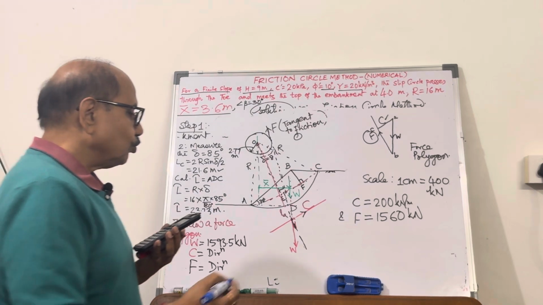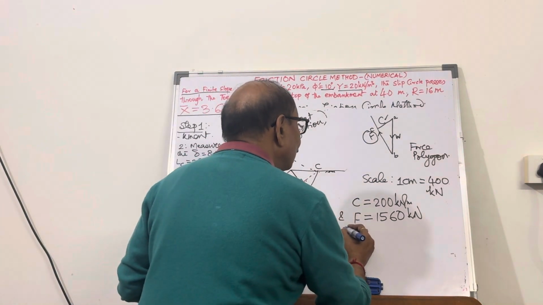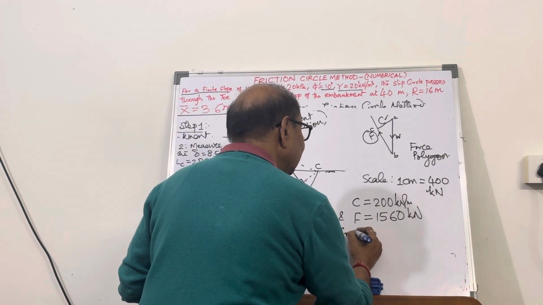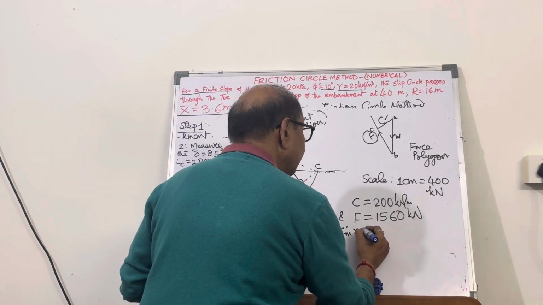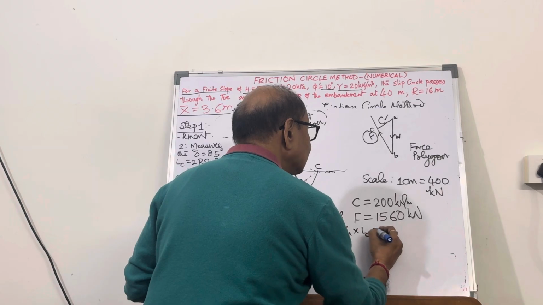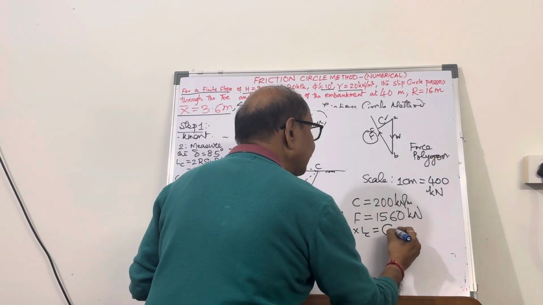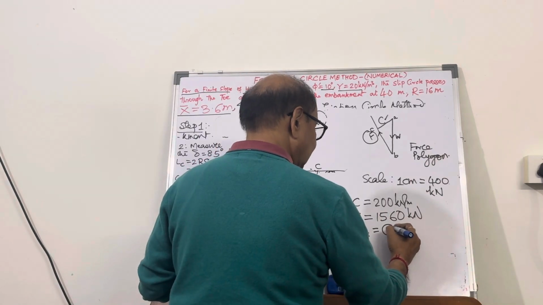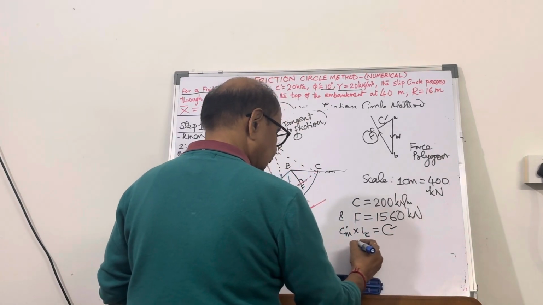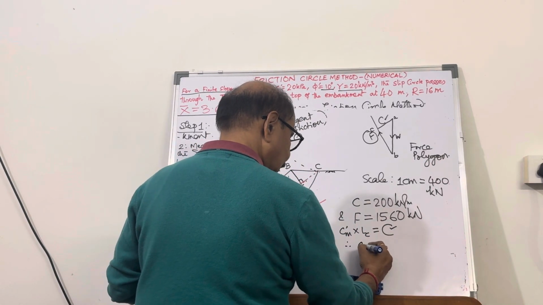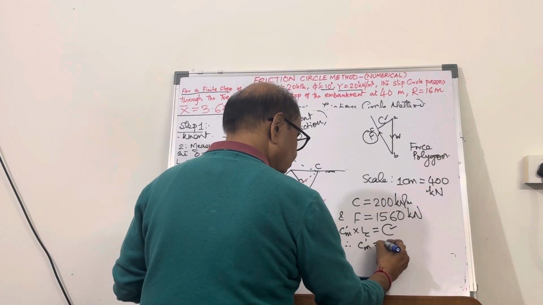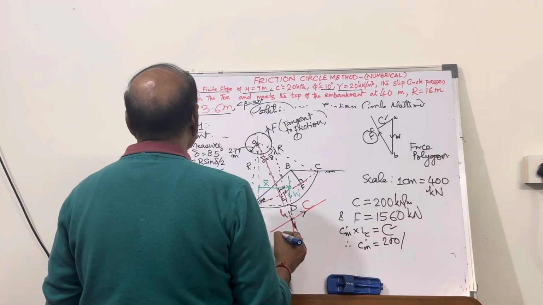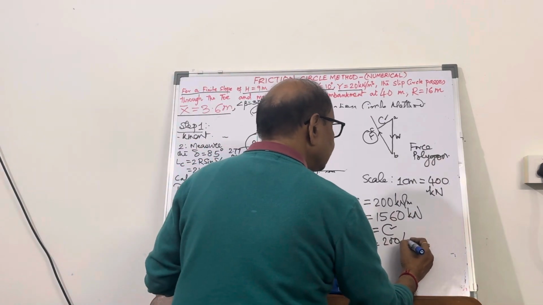Now, if you want to find out the mobilized cohesion, you know that Cm multiplied by the length of the chord is going to be capital C. Now, capital C is known to us, 200. Therefore, the mobilized cohesion is 200 divided by the length of the chord.